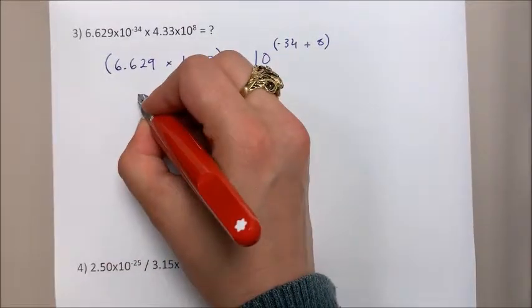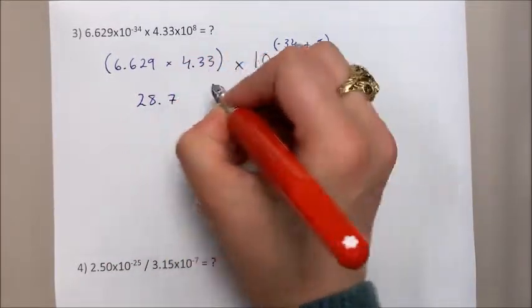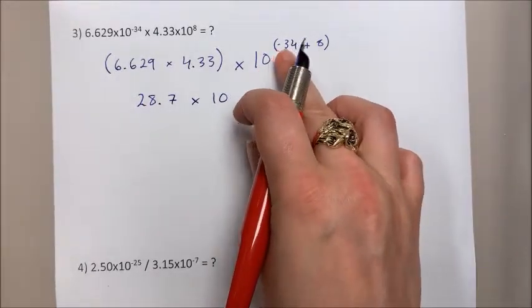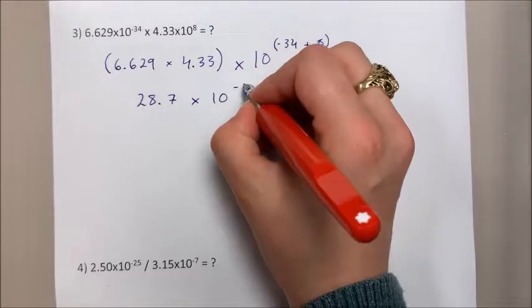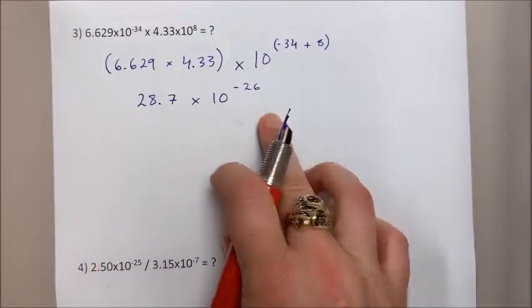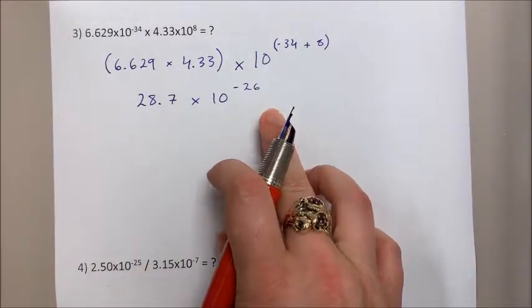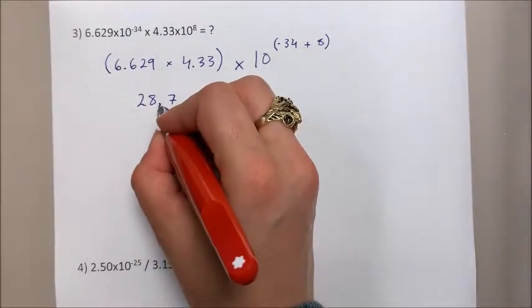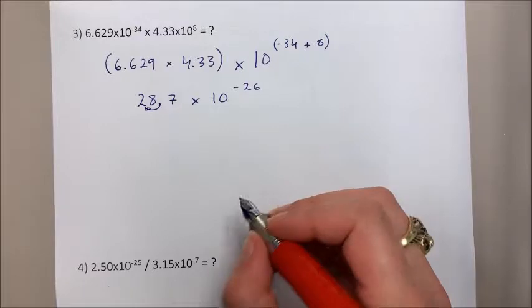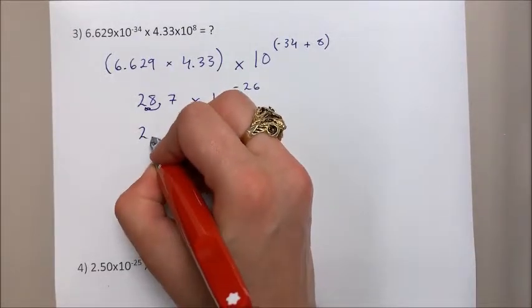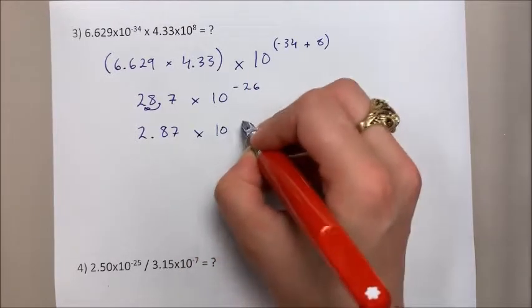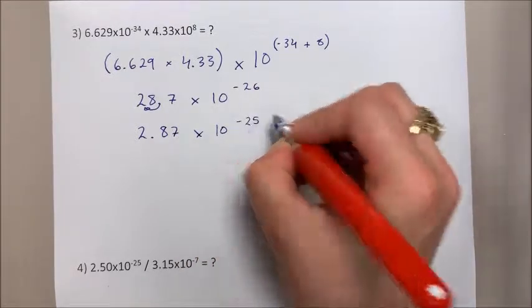So that's going to give us 28.7 times 10 to the minus 34 plus 8, so that's minus 26. This is the number we're looking for, but now we need to convert it to the correct scientific notation, which means that we're going to move the decimal place to the left 1 spot. Our final answer becomes 2.87 times 10 to the negative 25th.